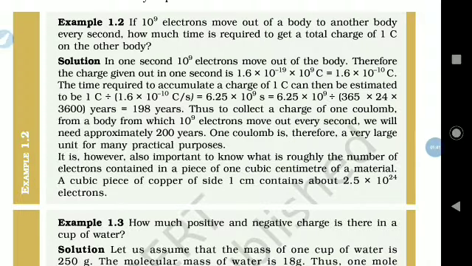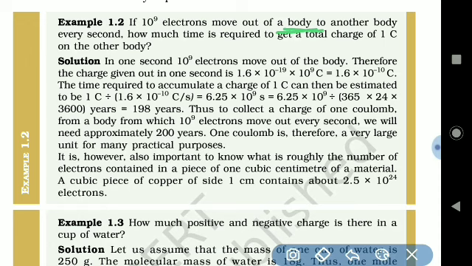Now, in today's lecture, we'll solve example number 1.2. Now, students, here in this example, it is given that there are two bodies, and from one body electrons are moving to the other body, and here the rate of movement of these electrons from one body to other body is given.